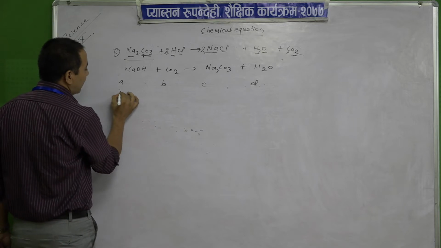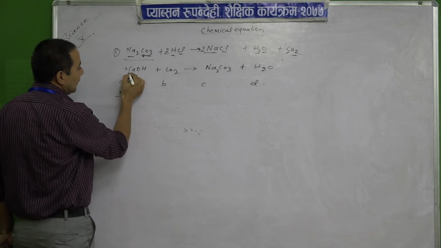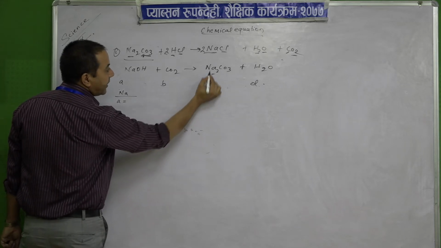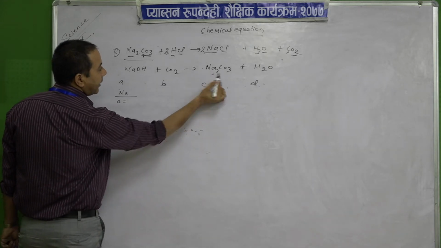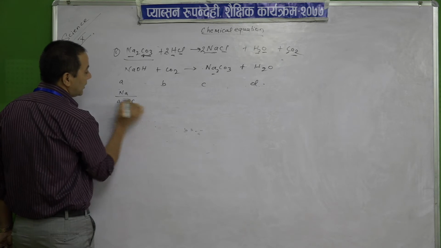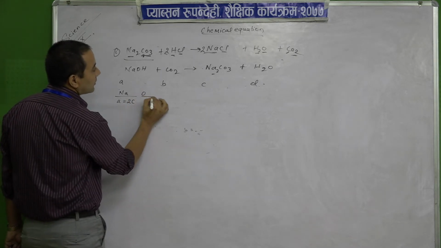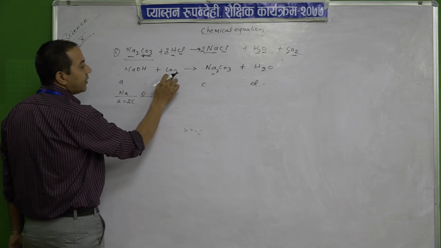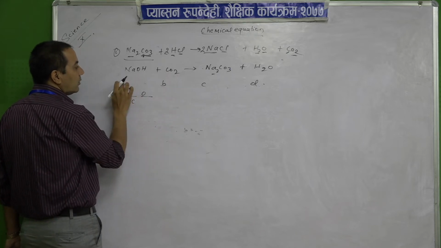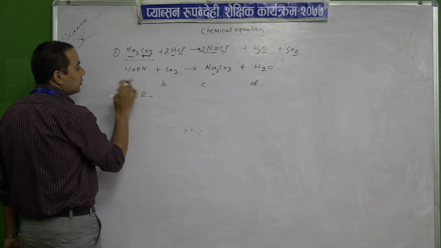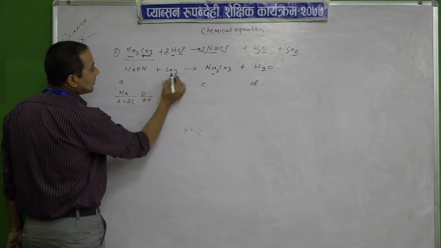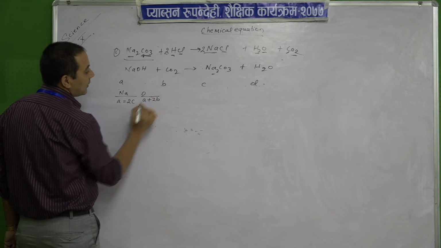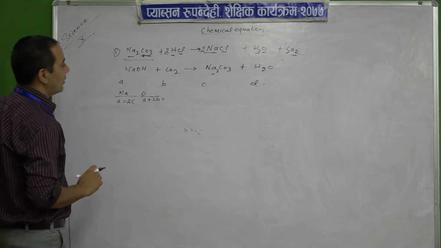So for sodium, A equals to, where is sodium? In C. C has how many sodium? 2 into C is 2C. Now oxygen. 1 oxygen is here, 2 oxygen is here. So 1 oxygen into A plus 2B equals to.